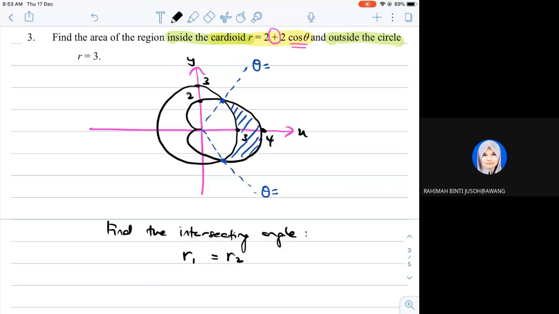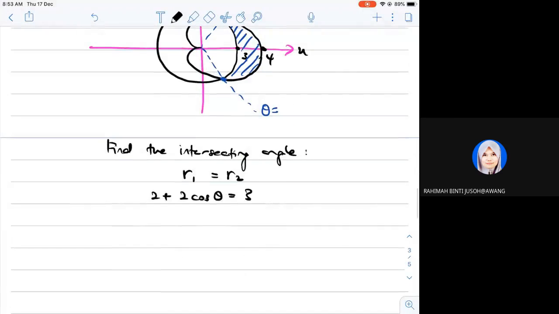So R1 is 2 plus 2 cos theta. Equate this with the second, the circle, R equals 3. So we have 2 cos theta equals 1, and then cos theta should be 1 over 2.